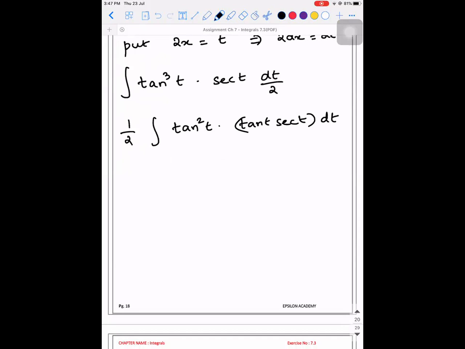Now which one can I substitute as t and then proceed? Or I can use some other variable. I can take t is equal to some other variable z and then proceed. Secant t into tan t dt is equal to dz. So what will happen to the above one?